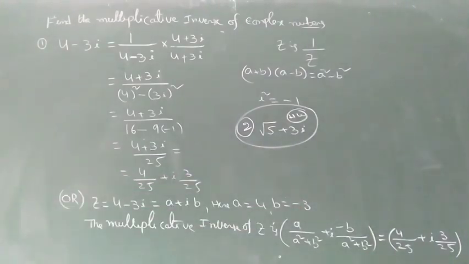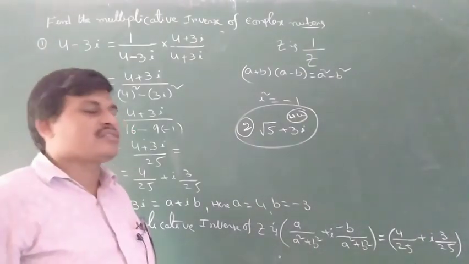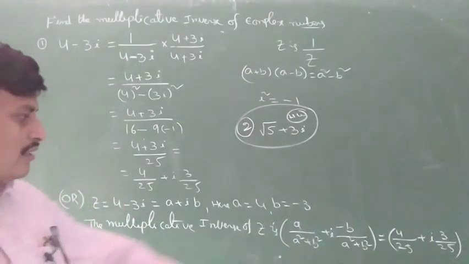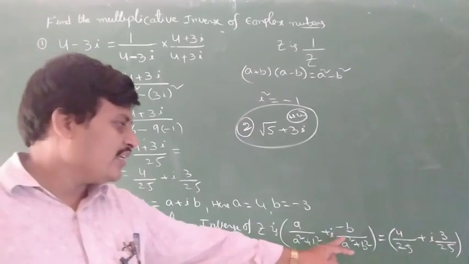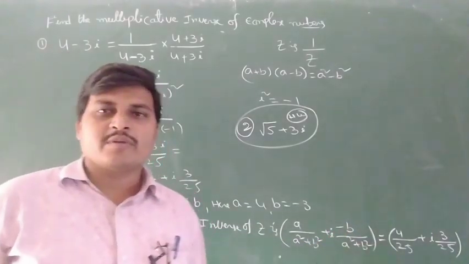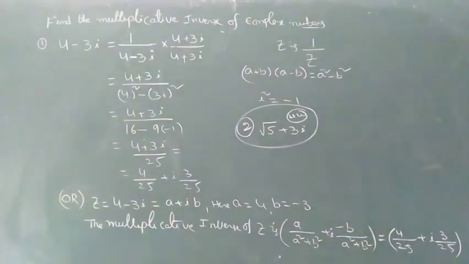Direct answer, without any calculation, by the formula: a by a square plus b square plus i into minus b by a square plus b square. Okay, this is the homework.